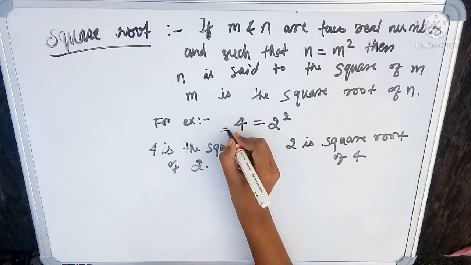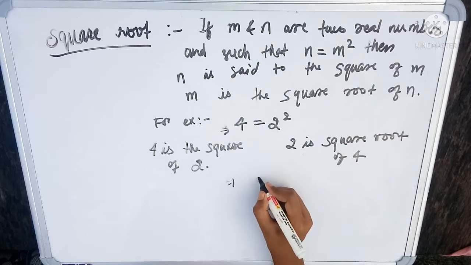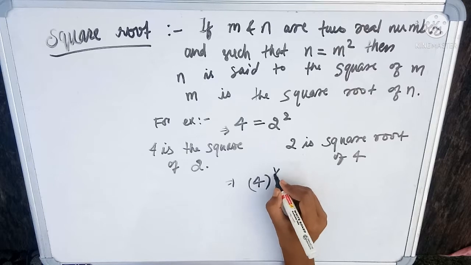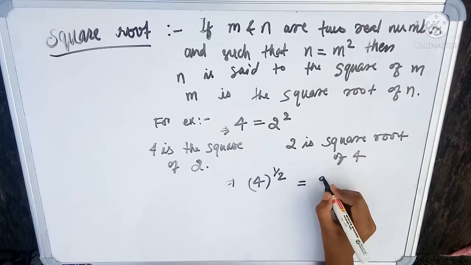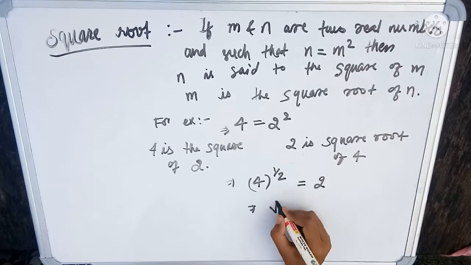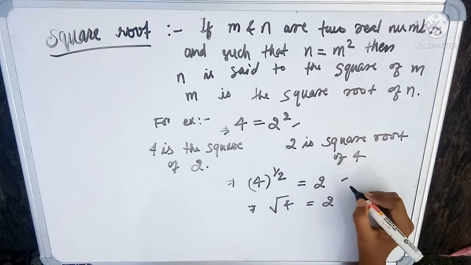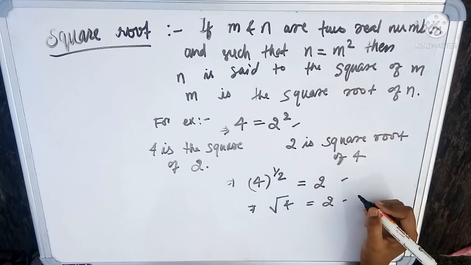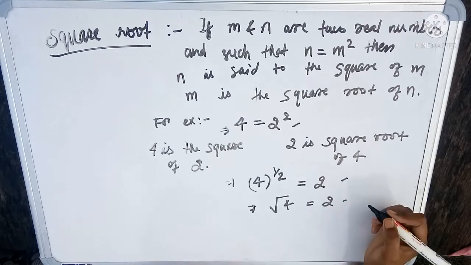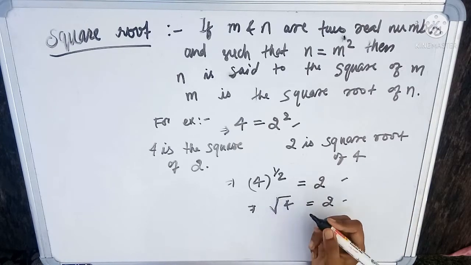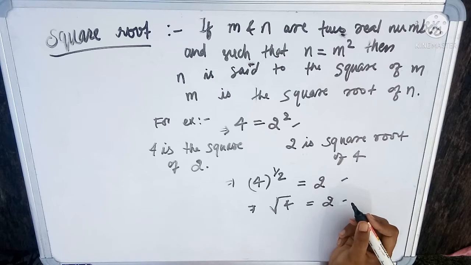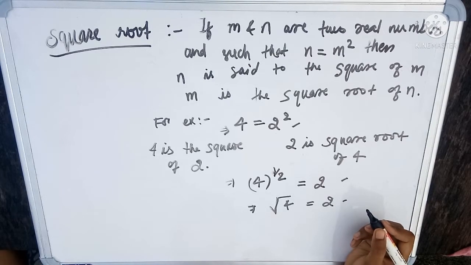Now this can be written in a different form, which says that 4 to the power 1 by 2 is equal to 2, or you can say that the square root of 4 is equal to 2. So these three statements are totally the same but are written in different forms, and the symbol is called square root. Now let us discuss how we can find the square root of any natural number using different methods.